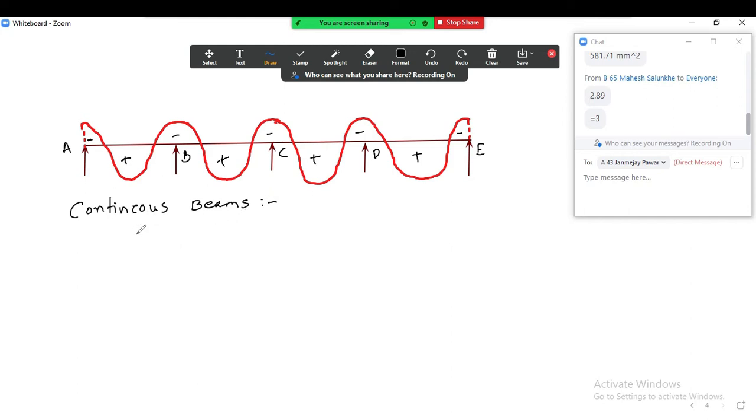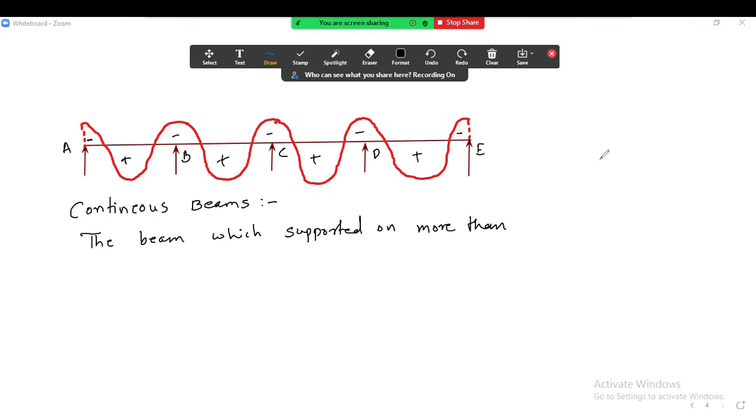So for the continuous beams, you can write here: the beam which is supported on more than two supports is called as continuous beam.